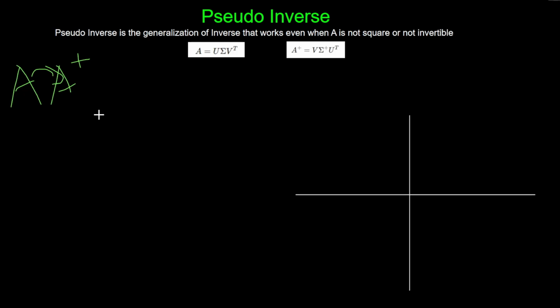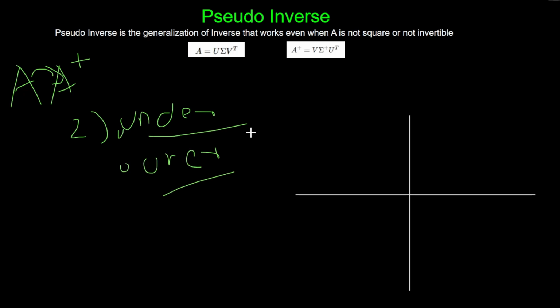So why do we need to calculate the pseudo-inverse? It is useful in solving systems of equations where you have two cases, which are the underdetermined system and the overdetermined system. An underdetermined system is one where we have more variables than equations. Let's say x plus y equal to 5 or something, some set of equations.